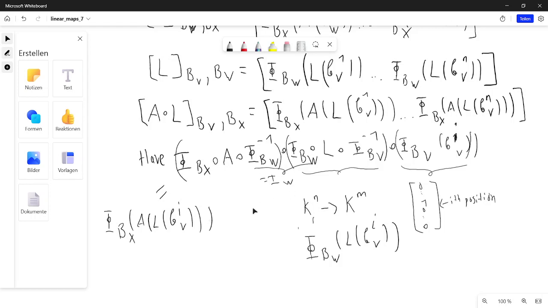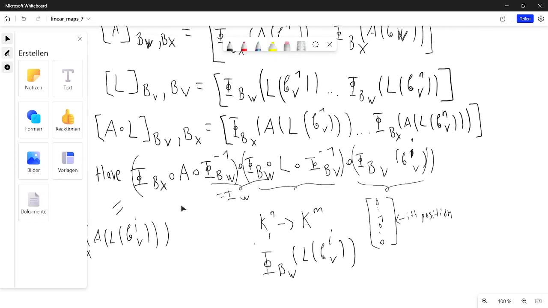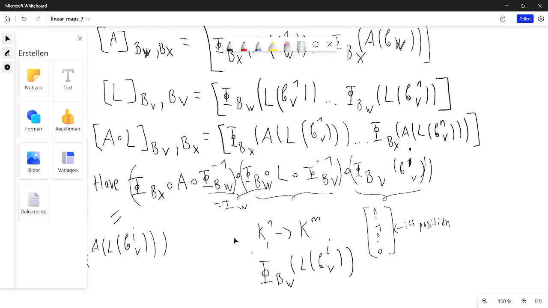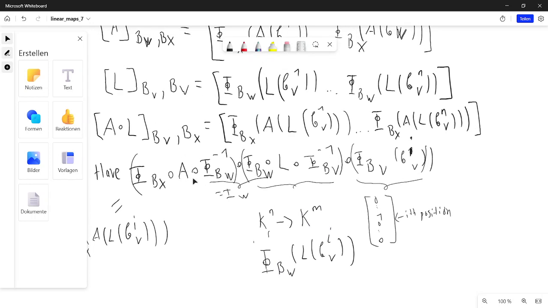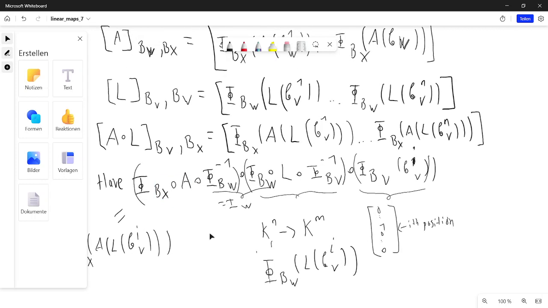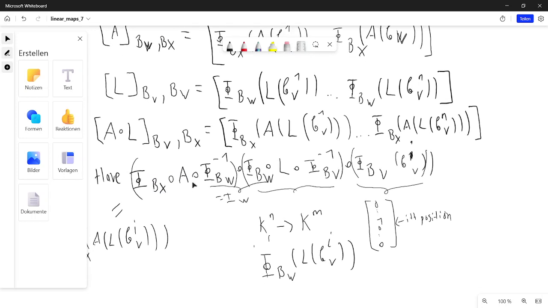All right, and then we have that map, and this map just takes that vector, maps it by A. And what does mapping by A mean? Well, mapping by A to obtain those coordinates means exactly multiplication by the matrix A, W Px, right?